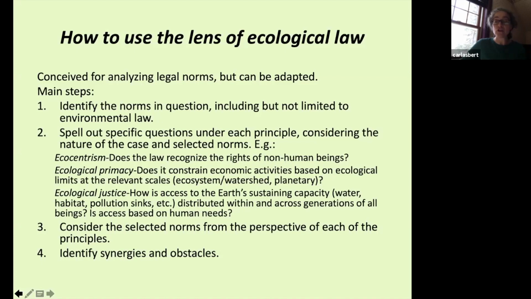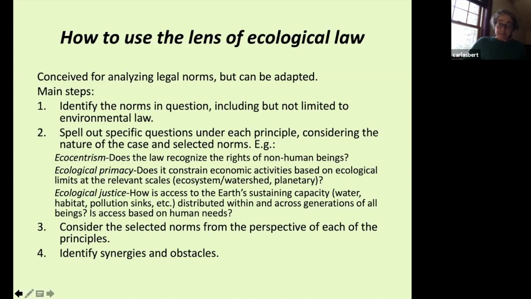And it's particularly useful in ecological justice, but it also somehow comes up in the context of ecological primacy, because the driver for many economic decisions is not need, but as Geoff mentioned, markets or price or wants.